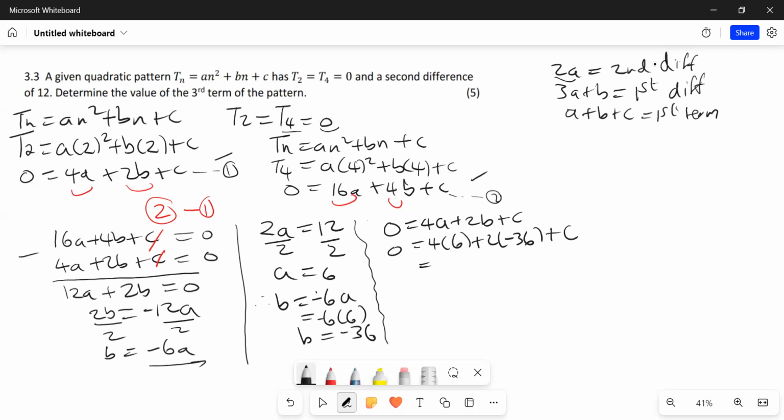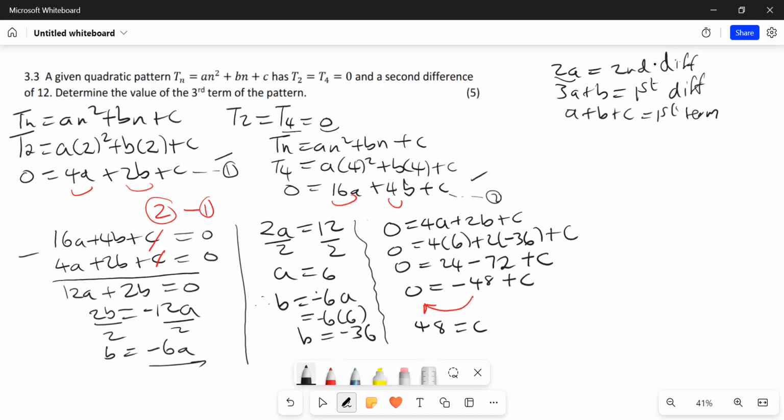That gives us 24 minus 72 plus c equals 0. When we subtract, we get minus 48 plus c, which is equal to 0. We transpose, so that you can see, guys, c is equal to 48, right?